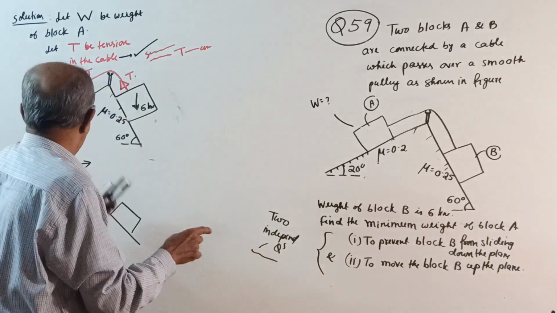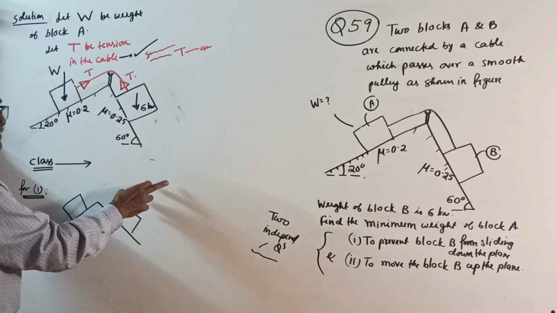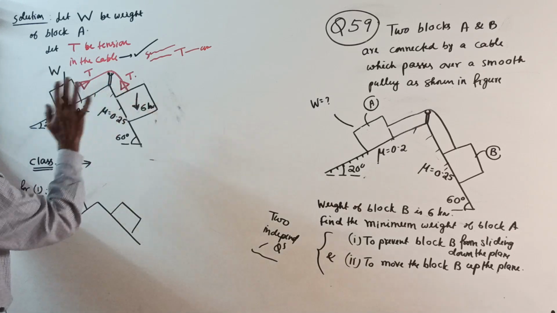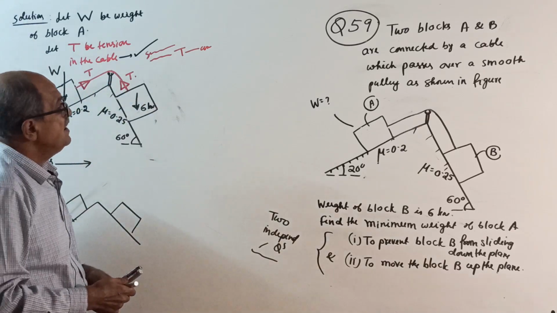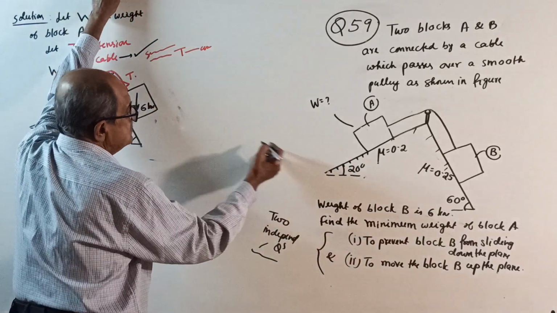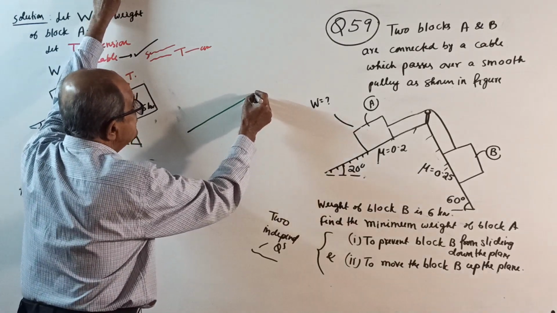Now, class, very important. Next class, once again I will explain. See, class, what is the question? To understand the question, do one thing. Take a somewhat flat road, and the other a steep road.